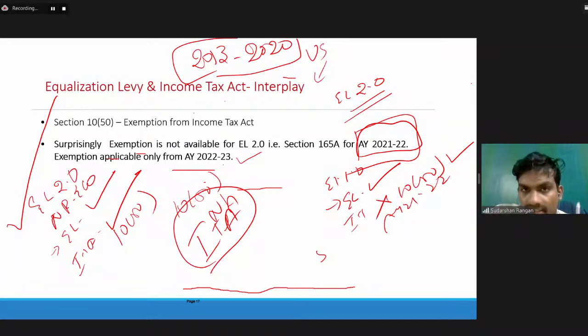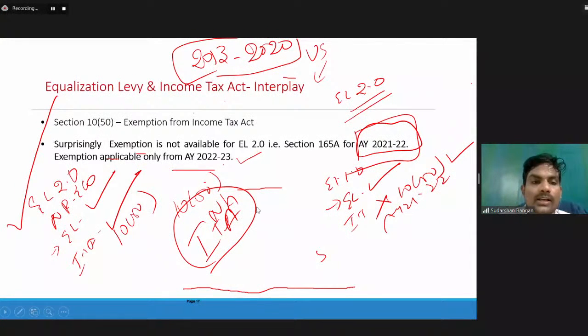If it is a non-resident buyer, but the sale pertains to Indian persons' data, equalization levy will come. Similarly, if it is a non-resident buyer, but the transaction is through an IP address located in India, like what you saw in Hyatt, that will also come. Very wide.